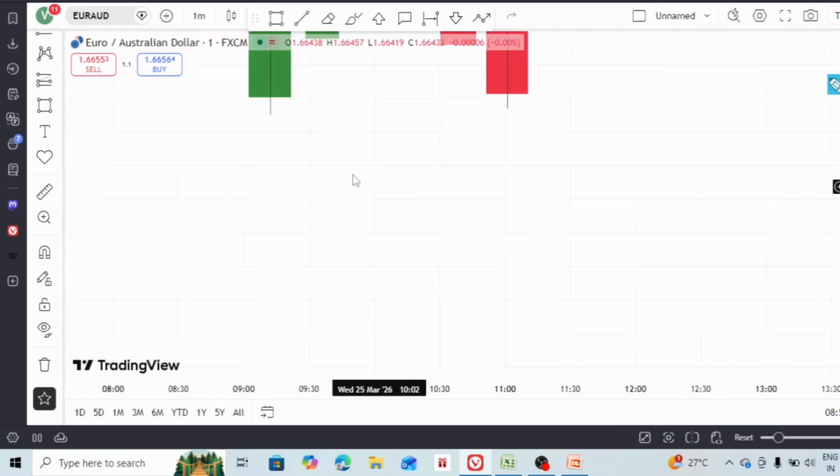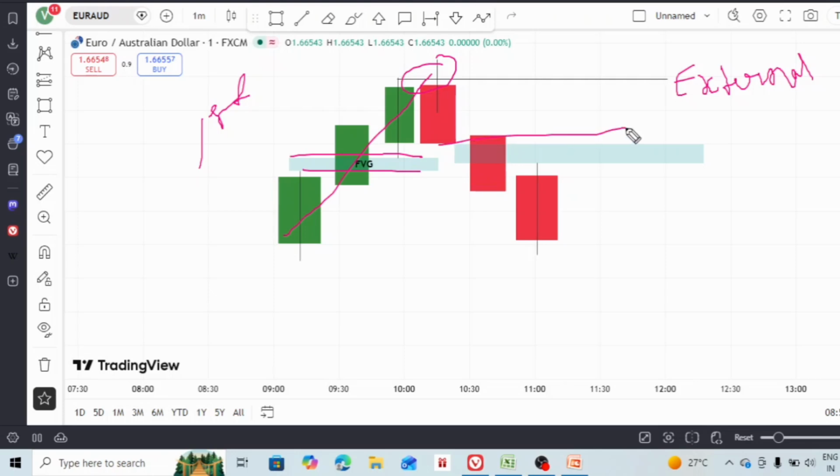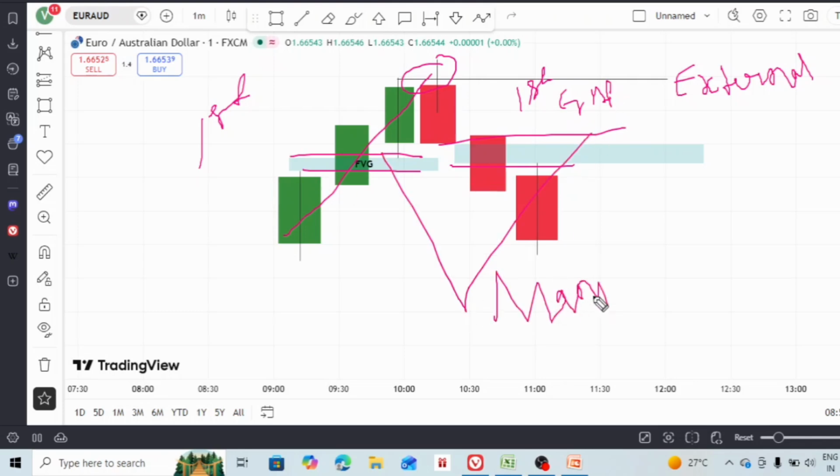Now, if the market reaches the external target, then the first gap on the left and the first gap on the right are both manipulation gaps.